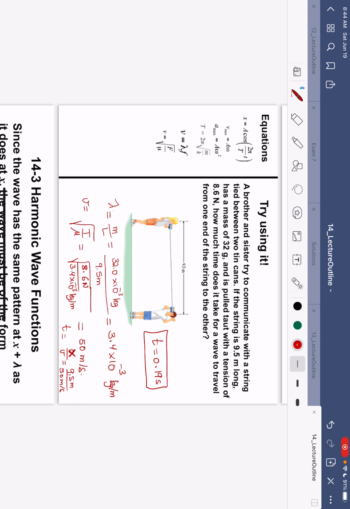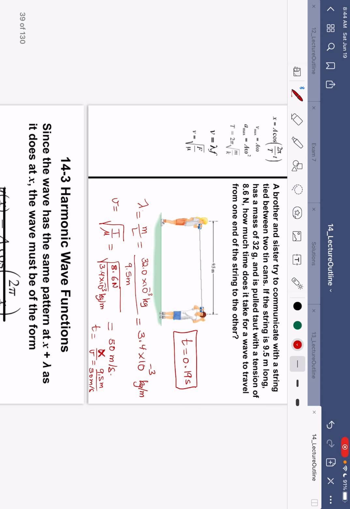First, I need to find the linear density. Sorry, why did I call it lambda? I want to call it mu. And then from that, I will be able to calculate V.